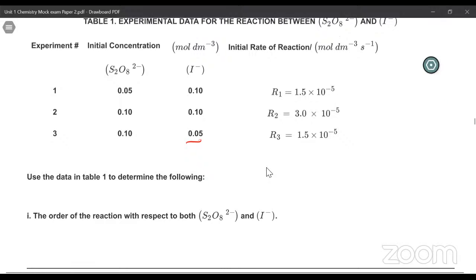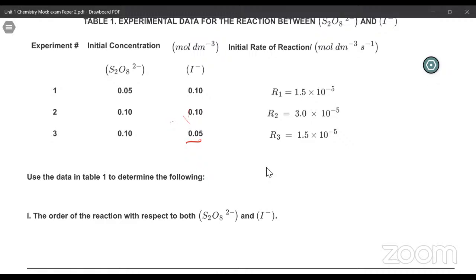So you want to look at the column with the iodide ion and see where it has been constant. So here, 0.1, 0.1, right? It's constant. Now look what happens to the S2O8 2- ion while the iodide ion concentration is constant, right? It moves from 0.05 to 0.1.